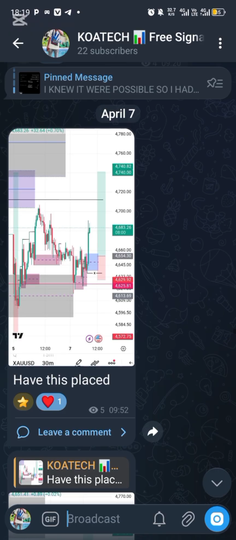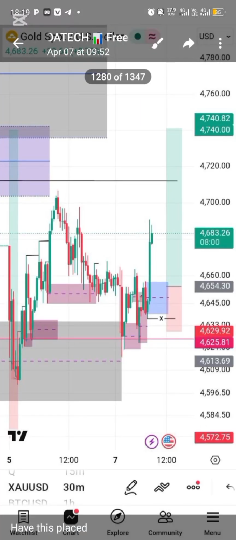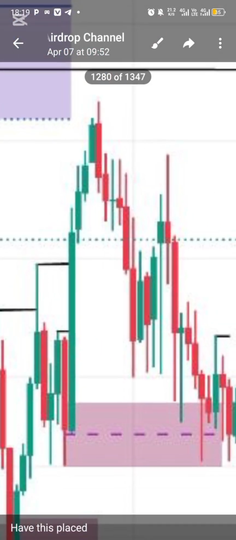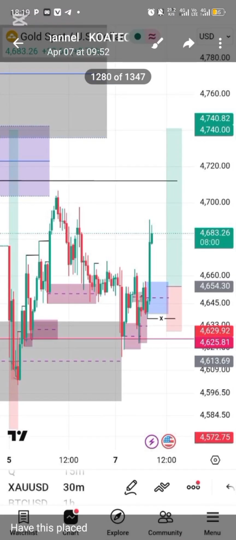After what happened, I said I was not going to jump right in, and look at how the price moved. Look at how the price moved before reversing, and after the reversal it was actually retracing. This was not actually a reversal.